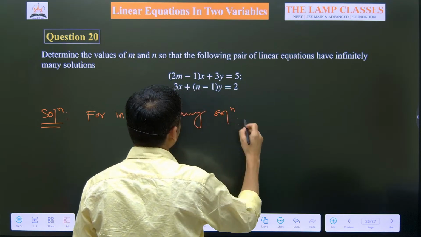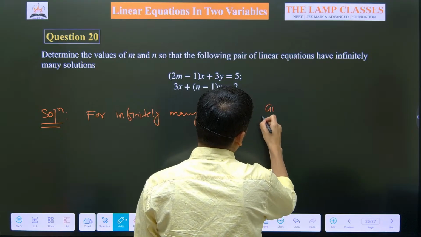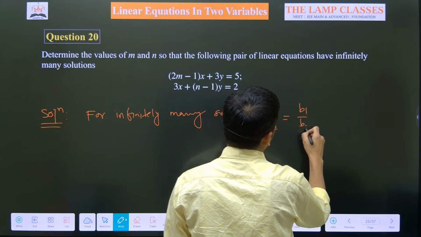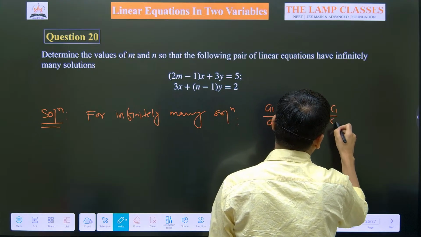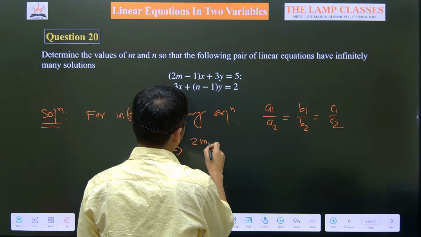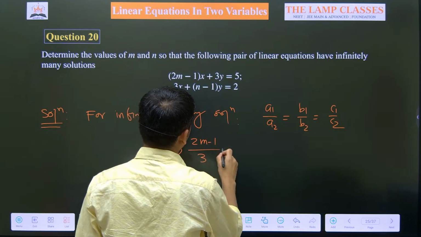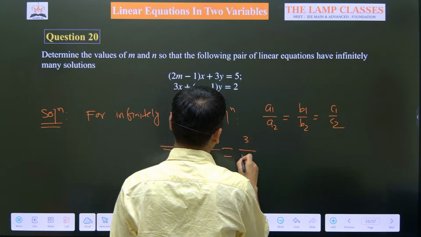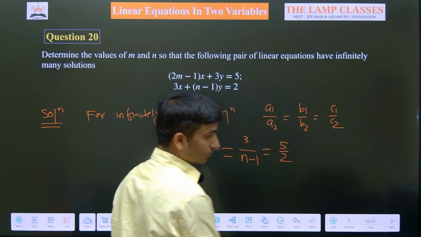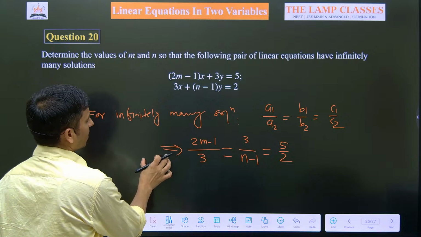For infinitely many solutions, we know that a1 upon a2 is equal to b1 upon b2 is equal to c1 upon c2. That means (2m minus 1) upon 3 is equal to 3 upon (n minus 1) is equal to 5 upon 2. Can we find m and n from here?